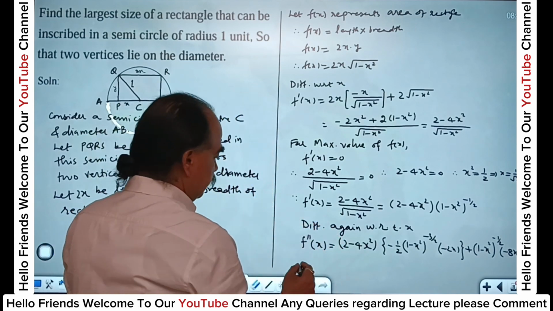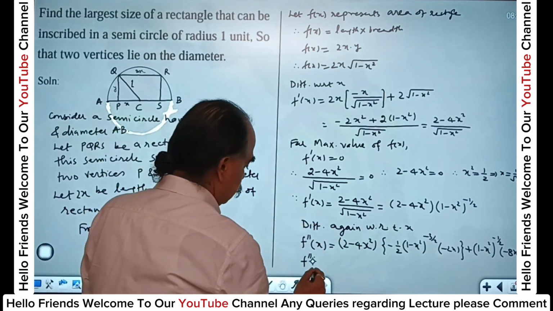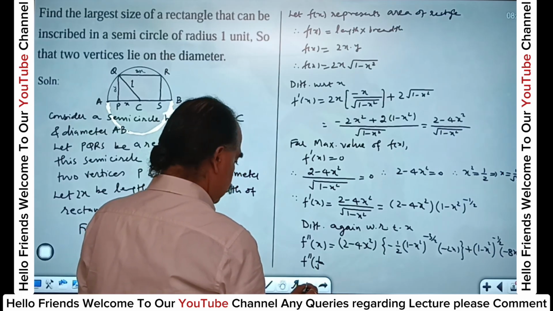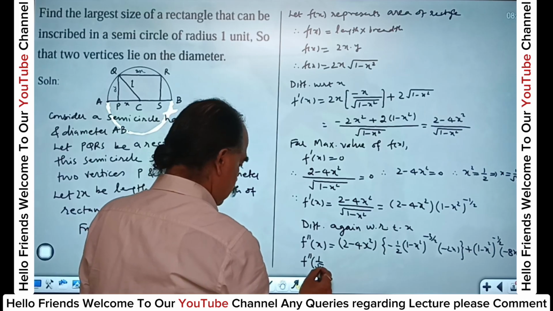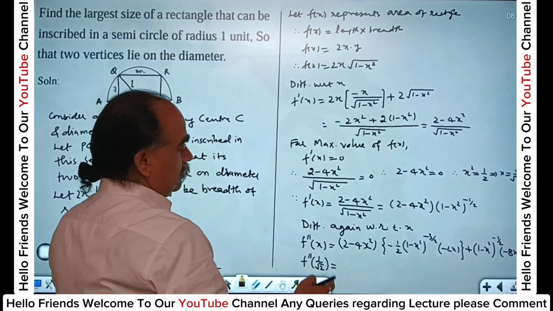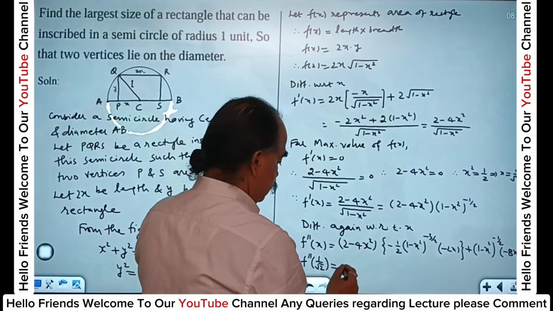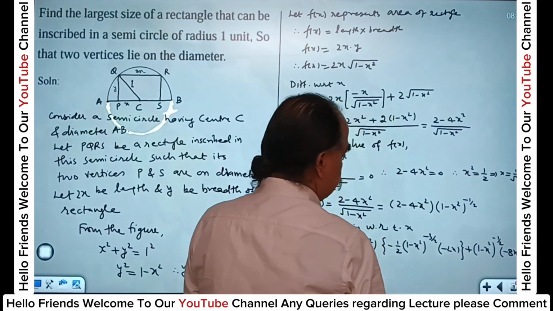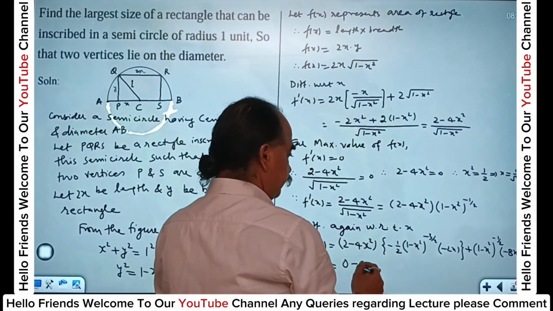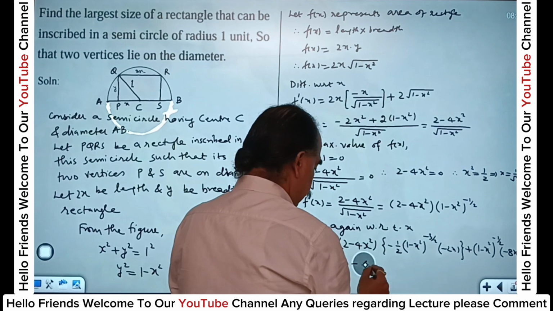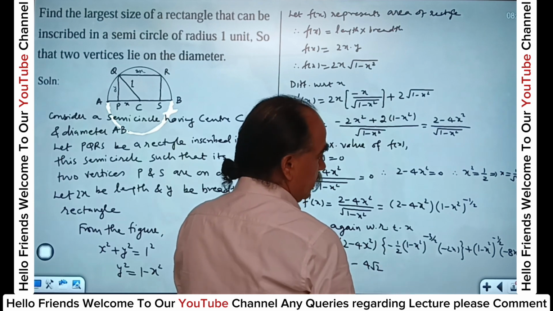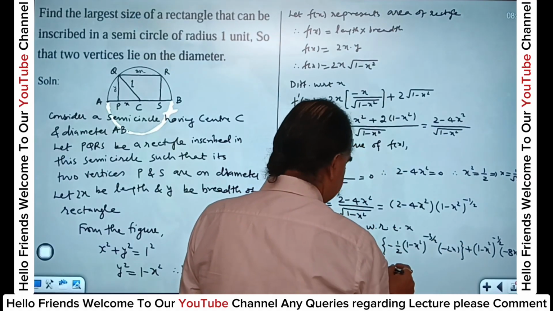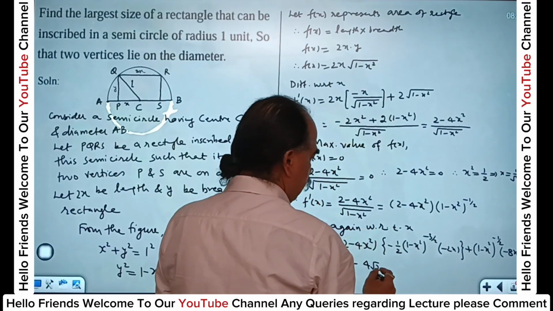So f double dash at 1 by root 2 is what? This part will become 0, minus 8 by root 2, that is 4 root 2, into 1 minus 1 by 2 is 1 by 2 raised to half, upon 1 by 2 raised to half.